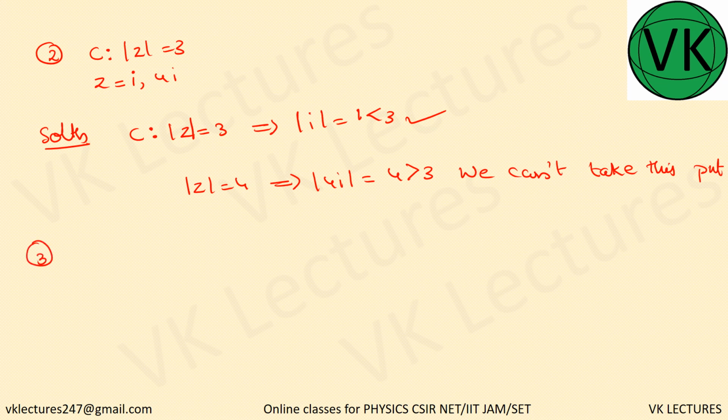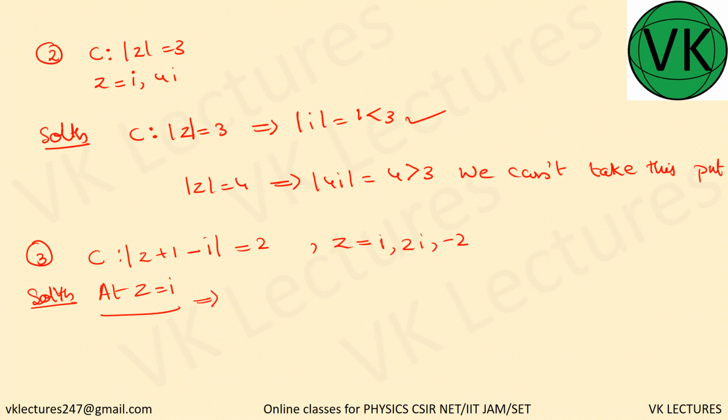Third question, the contour |z + 1 - i| = 2. Solution: checking the points z = i, 2i, and -2. At z = i, |i + 1 - i| = 1, which is less than 2.